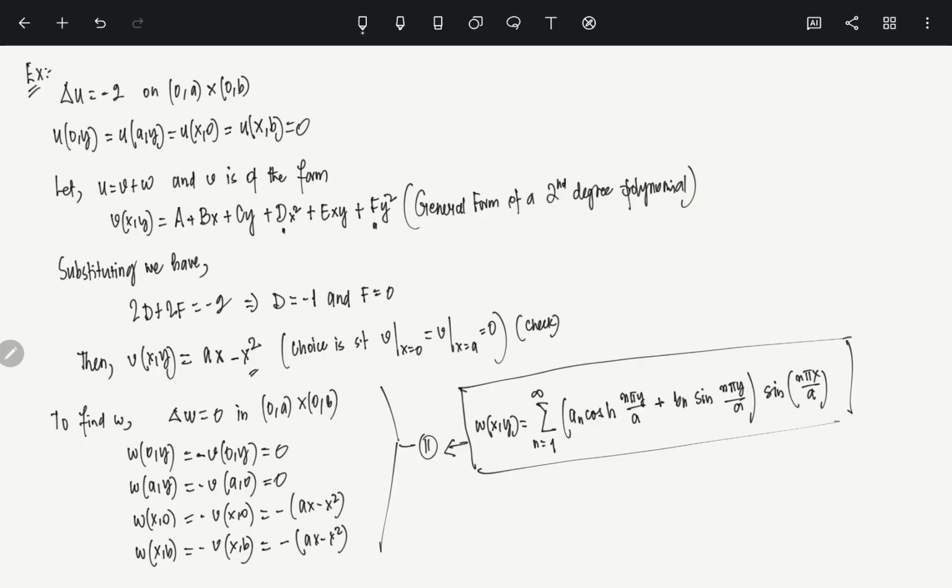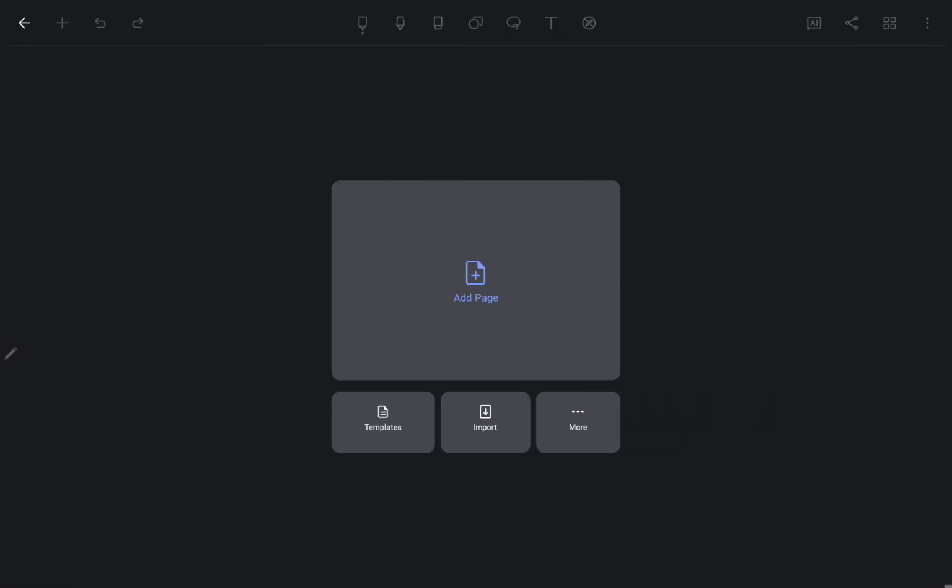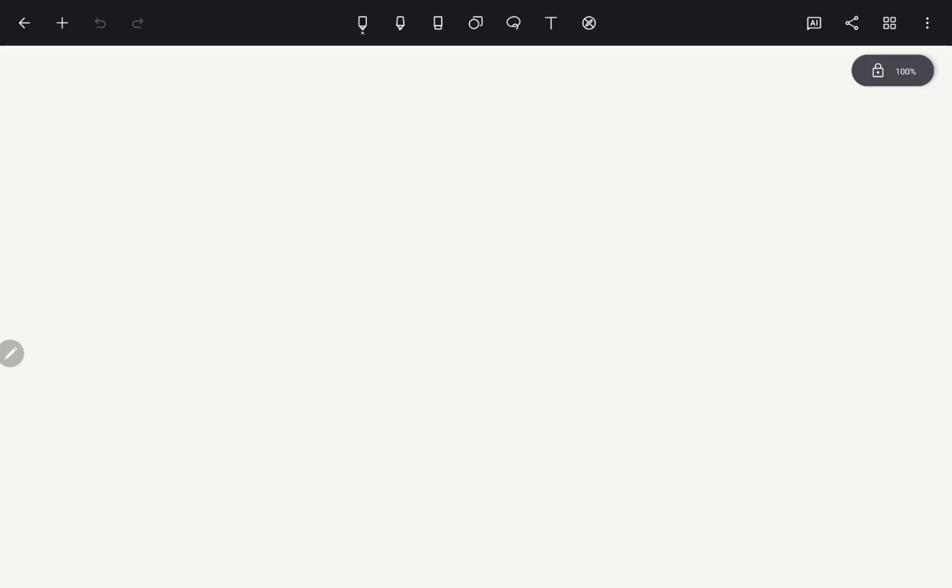Okay. Now the thing is this. This actually solves everything except these two. So we have to put those two conditions here. W of (x,0) is nothing but minus ax minus x square. Clear? And that is nothing but, if you put y equals 0 in this equation, the summation n equals 1 to infinity of an sin(n pi x by a). Clear?